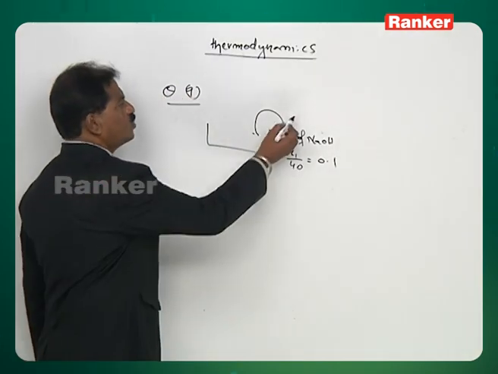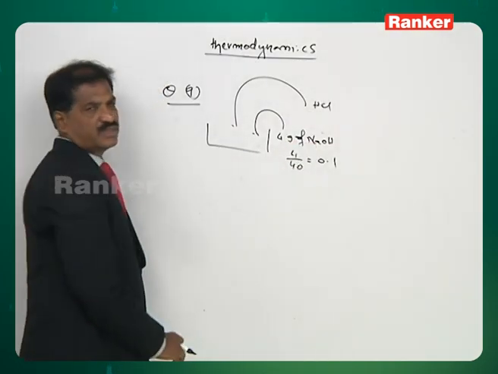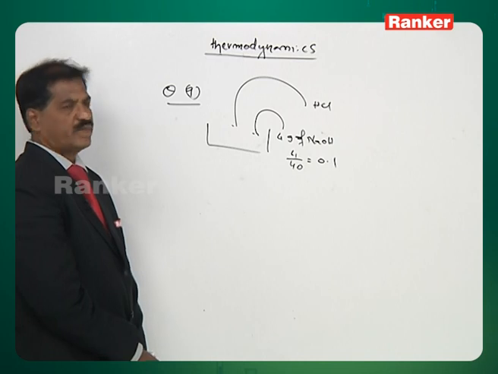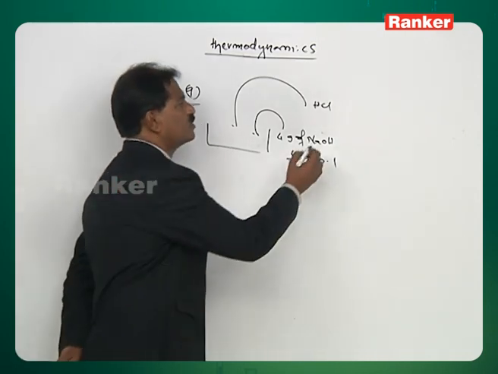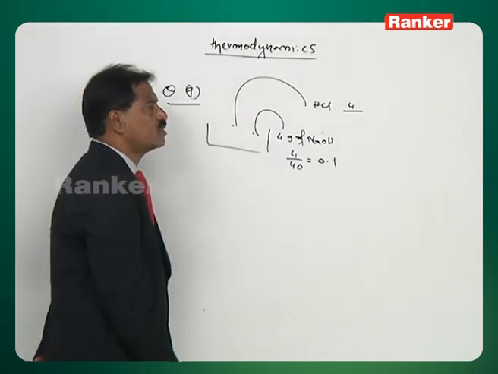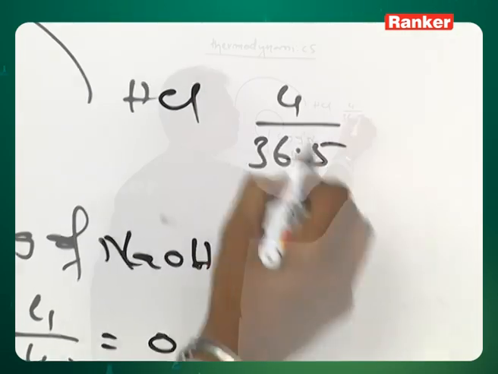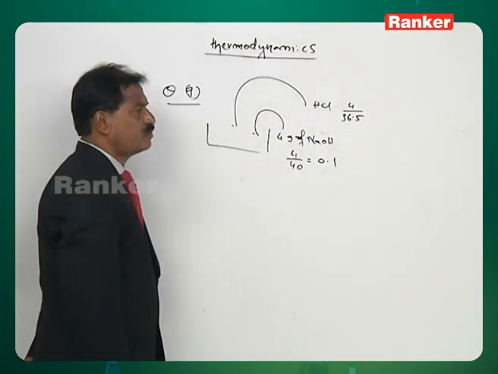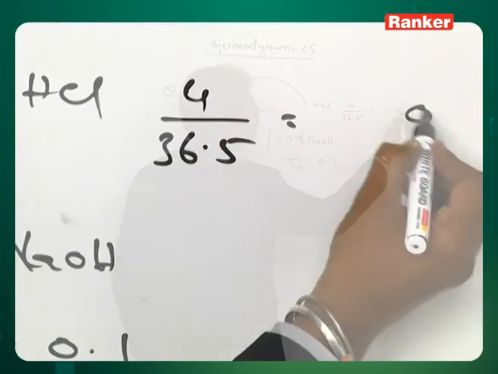Next, into the same solution they are adding a strong acid, HCl, 4 grams. Convert this also into equivalents. For HCl, the gram equivalent weight is 36.5, so we get slightly more than 0.1.